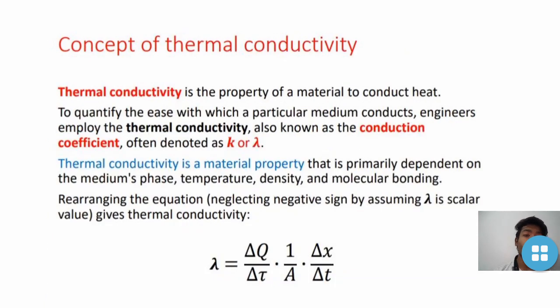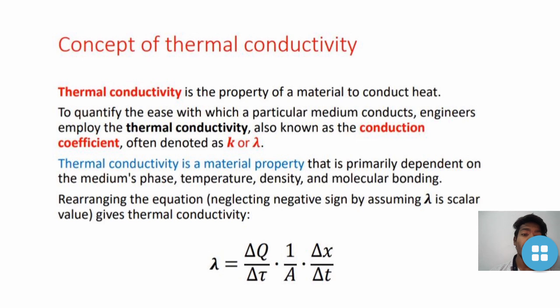Concept of thermal conductivity. Thermal conductivity is the property of a material to conduct heat. To quantify the ease with which a particular medium conducts, engineers employ the thermal conductivity, also known as the conduction coefficient, often denoted as k or lambda.